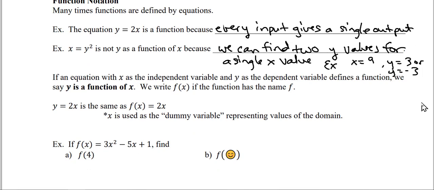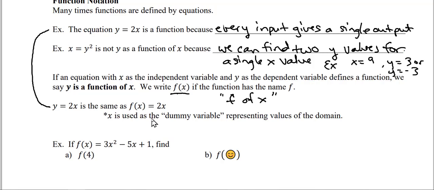We use some notation for functions to help us minimize our work and make things tied up in a nice, neat little package. We use this notation right here, and we say f of x. So this equation, y equals 2x, which is a function, can also be written as f of x equals 2x.